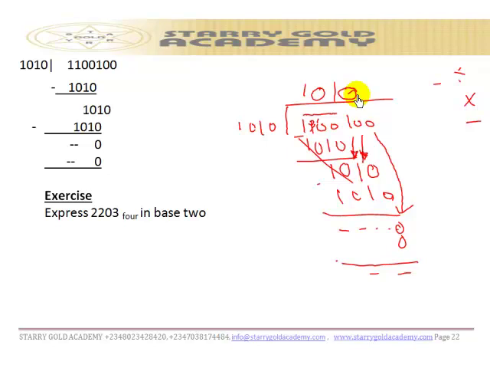But if you still feel you're not comfortable with this method, then convert 1010 to base 10. Convert this other number also to base 10. Divide your answers in base 10.